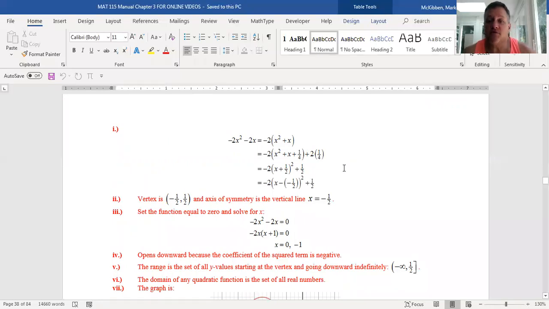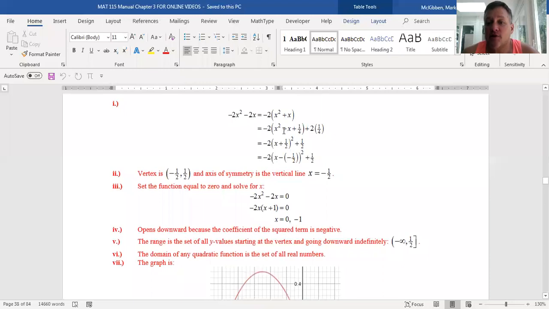The only problem here is if you just add a fourth, and you were to expand this out, you'd find that you're not adding 0, because you're multiplying what you put in here by this -2 on the outside. So in order to balance out having added this 1/4 inside, you have to multiply this coefficient -2 times that a fourth and add its opposite. This is the number you have to add to that side to make sure that you've just added 0.